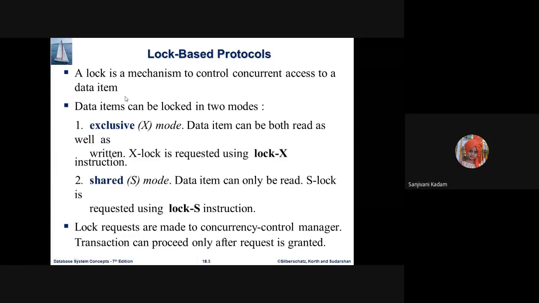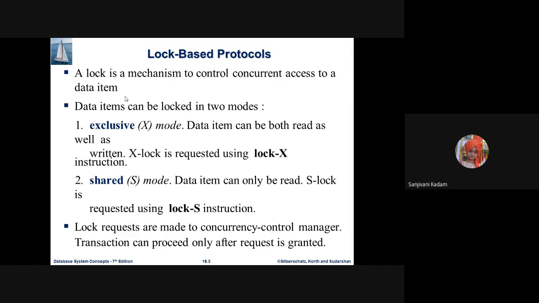Exclusive lock means that whenever that transaction is reading and performing changes, during that period no other transaction is allowed to perform any other task on that data item. Exclusive means that only a single transaction can access that data item.